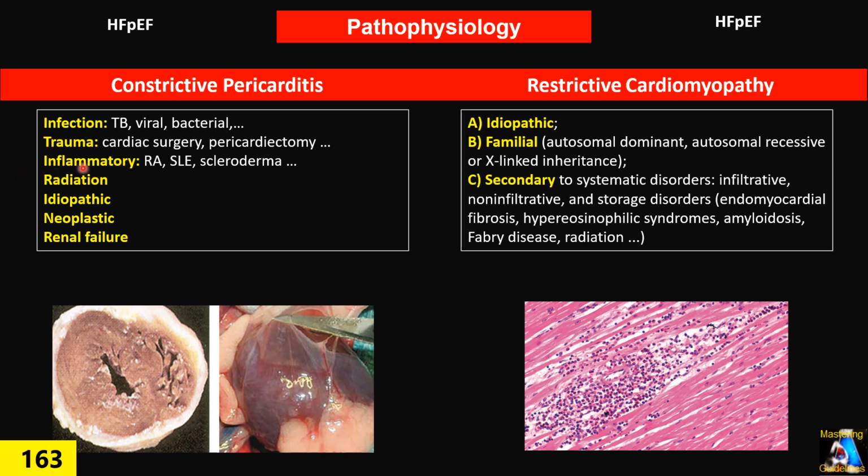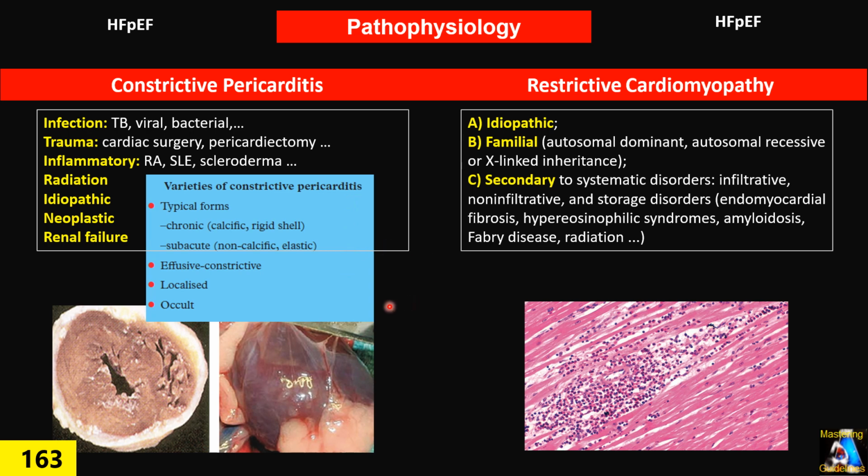As you can see here, radiation can cause both situations. In both, fibrosis is usually the mechanism. Depending on which part of the heart is involved in radiation, it can create restrictive cardiomyopathy or constrictive pericarditis, or a combination of both. In the cardiomyopathy, it is caused by myocardial fibrosis, and in constrictive pericarditis it causes sclerosing of the pericardium.